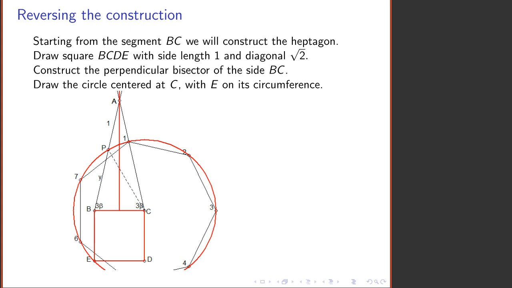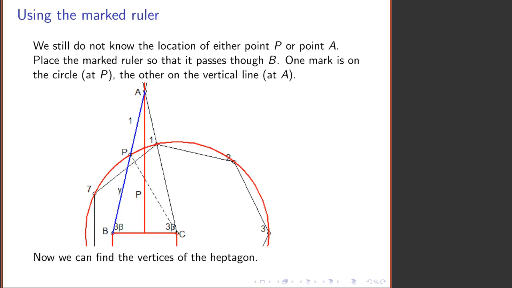I can also easily construct the perpendicular bisector of side BC. I don't know where point A is yet. I don't know where point P is yet. And that's where my marked ruler is going to serve me well. Here's what I do with it.